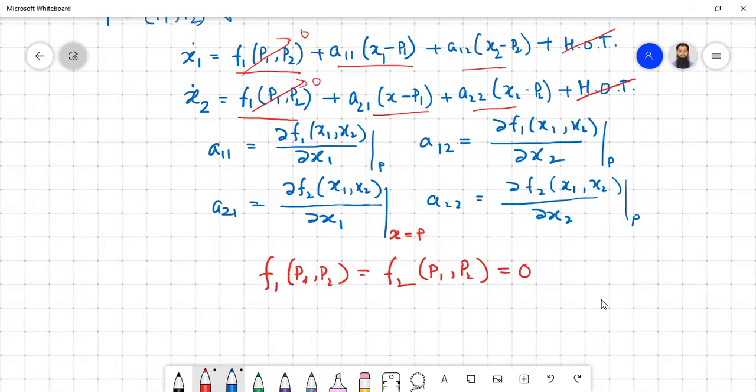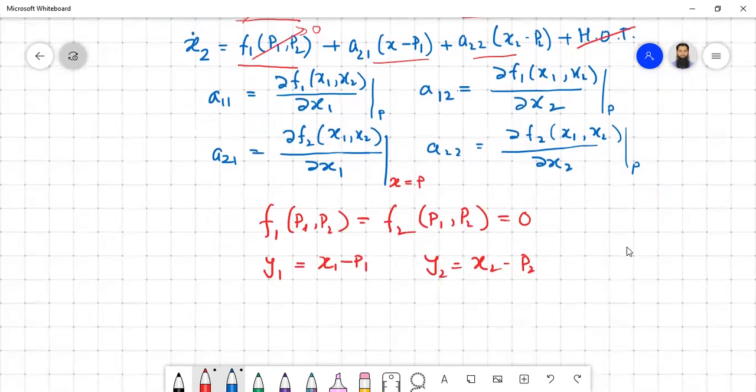We can simplify our equation by one assumption: x1 minus p1 can be assumed as y1, and y2 equal to x2 minus p2. If you differentiate these, you get y1 prime is x1 prime because p1 is constant, and y2 prime is x2 prime.